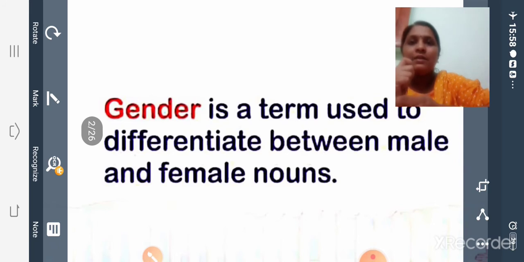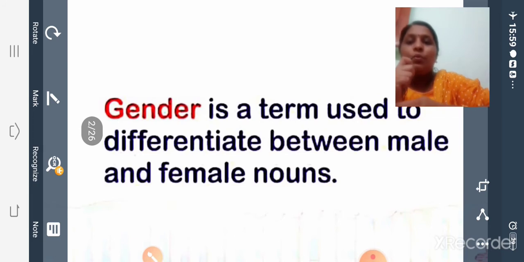Right? For example, if you look at human beings, we have 2 genders. We always classify boy or man as male gender and girl or woman as female gender.